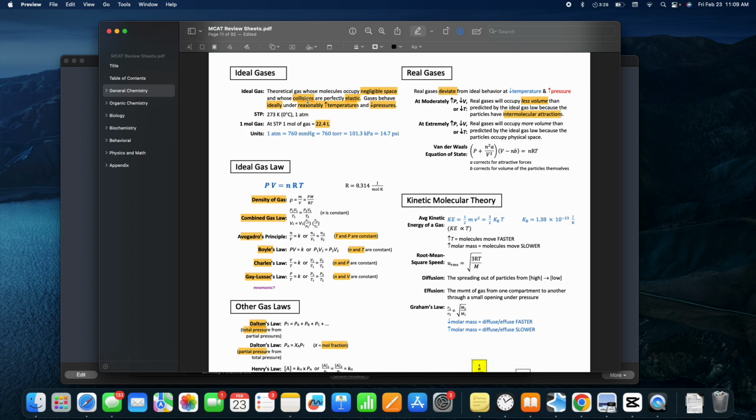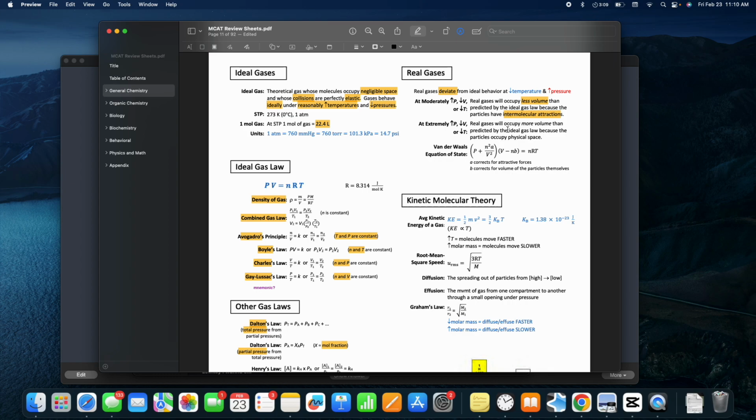Remember here, there were no intermolecular attractions and the collisions were perfectly elastic, so they didn't stick to each other. Now we see that with real gases, they actually stick to one another.